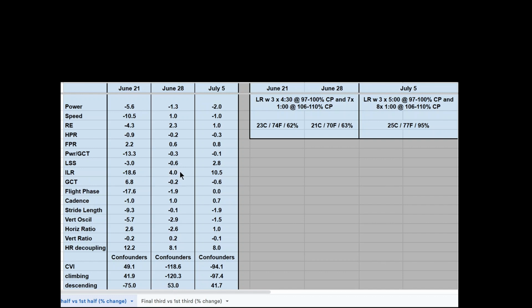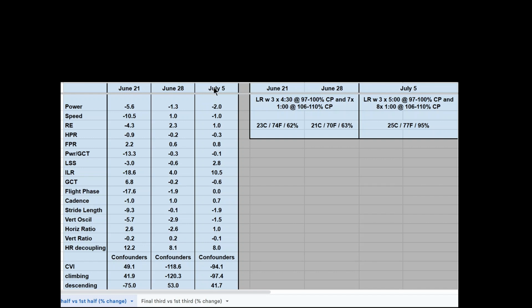So there's a little confounding in that particular number. Ground contact time actually got a little bit less. This is essentially the same. Got a little bit less, which would go along with a little bit more speed. And then, of course, these other numbers. Heart rate decoupling was better, only 8.1%.